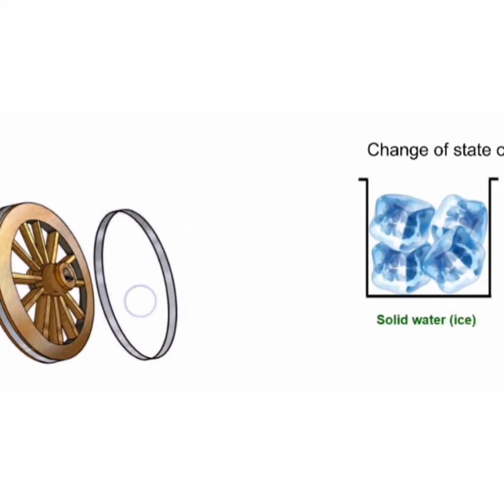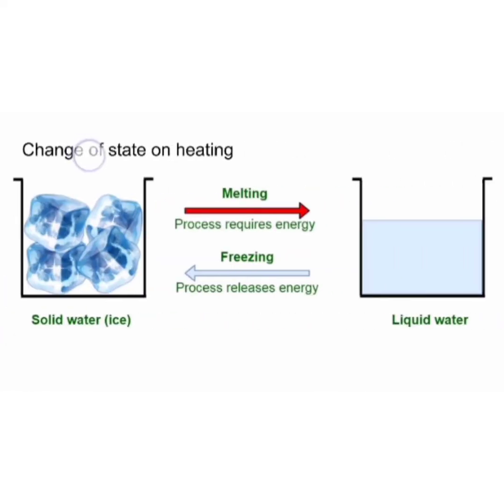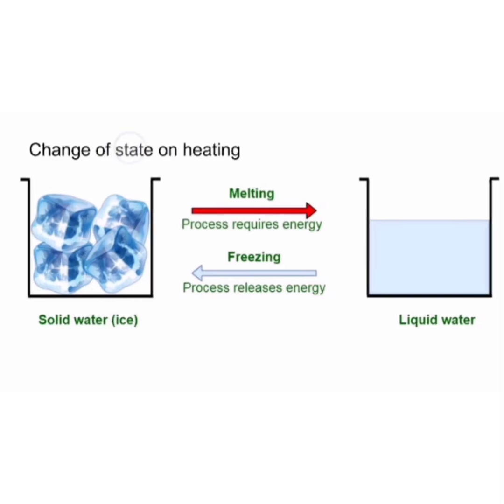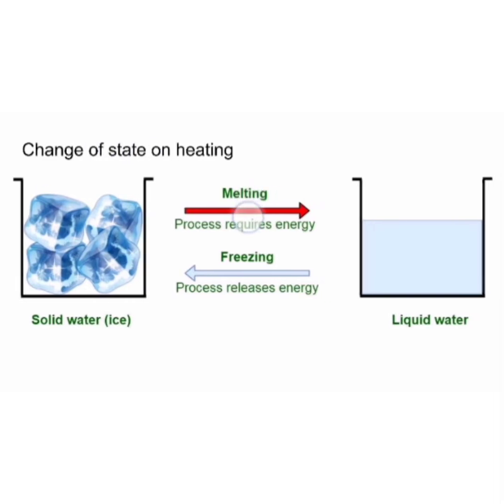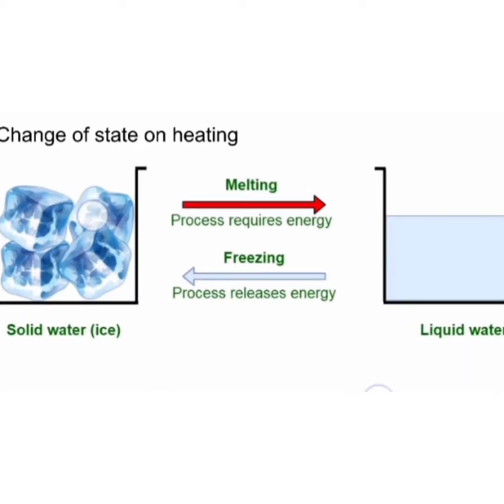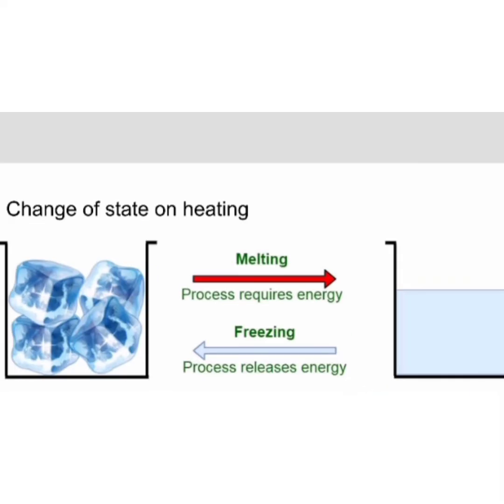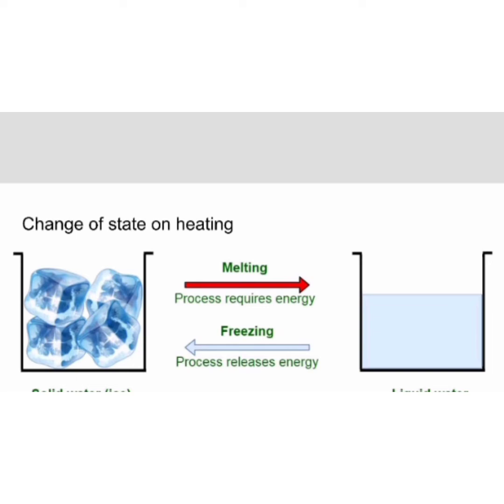Then the next change is change of state of matter on heating. What are the three states of matter? Solid, liquid and gas, right? Here we are going to see two states of matter: solid and liquid. When we heat this ice, it will melt and change into water, which is liquid, right?